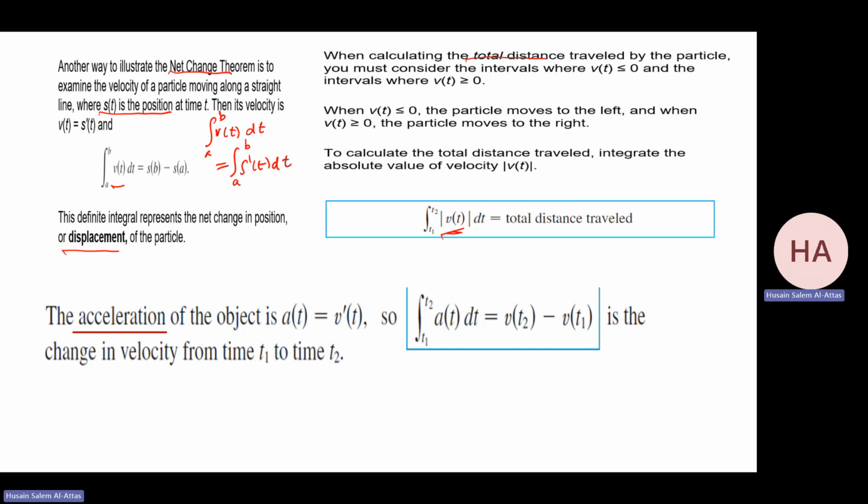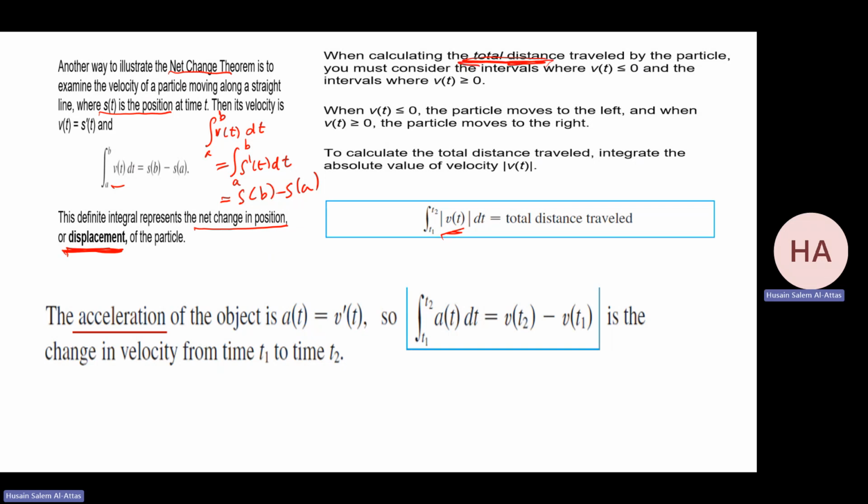That gives S at B minus S at A, which represents the change in the position, which we call the displacement. We need to distinguish between two things: displacement and the total distance.